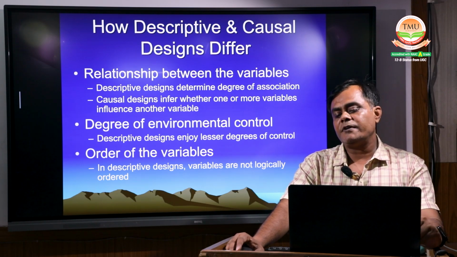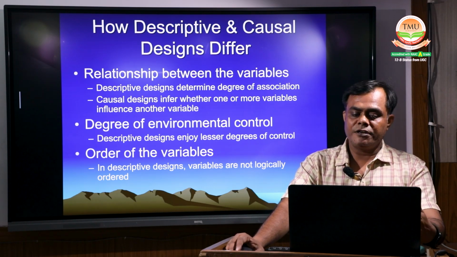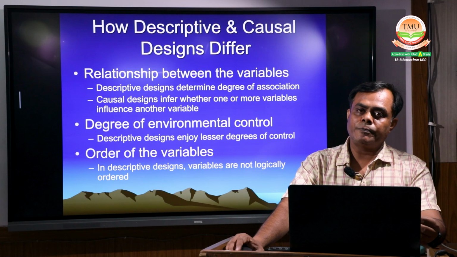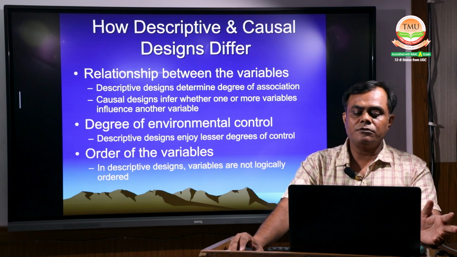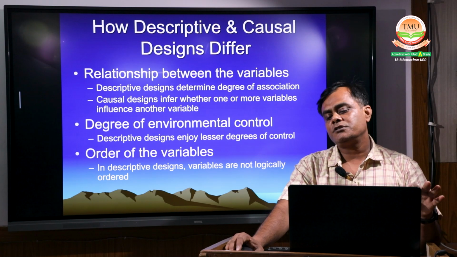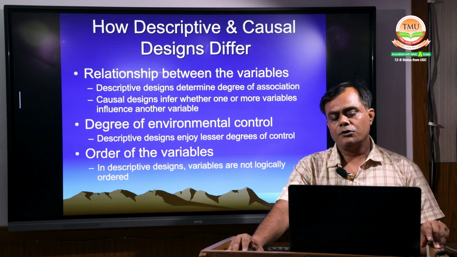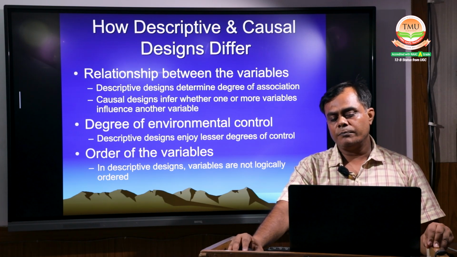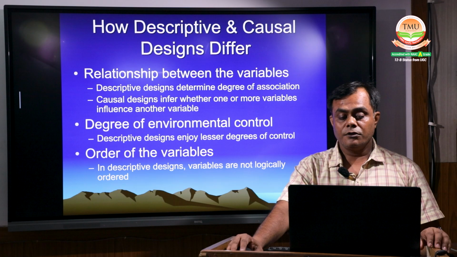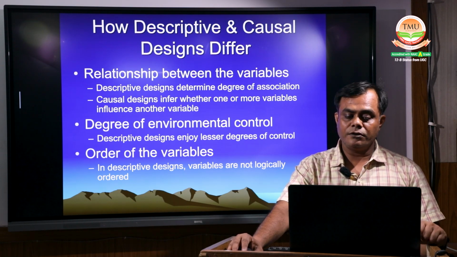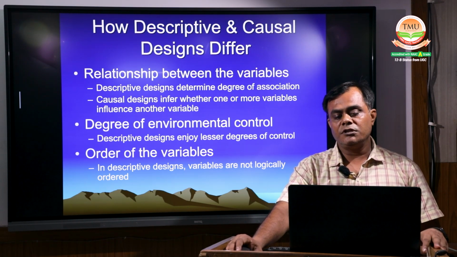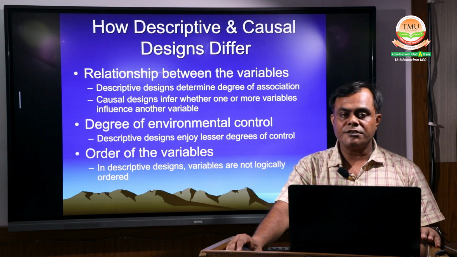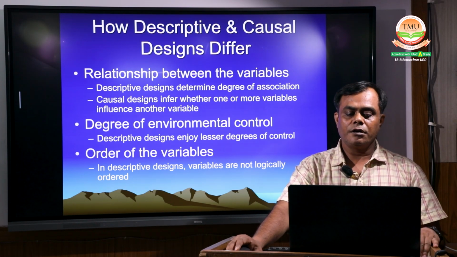Second is descriptive and diagnostic research. How we can describe and diagnose a particular problem, we use descriptive and diagnostic research. And third is causal, hypothesis testing and experimental research design. We use the completely randomized design, randomized block design, Latin square design and factorial design. So these are the basic designs we use in research.